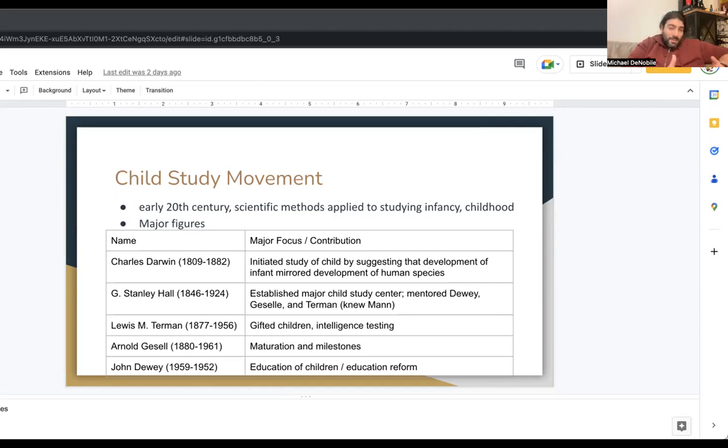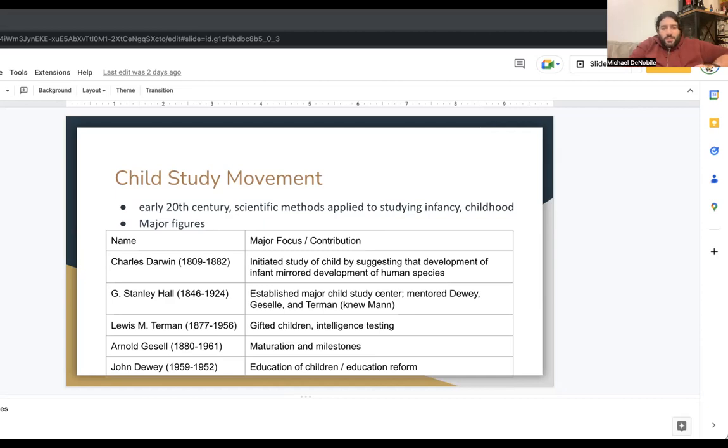The argument was that this would eliminate the social ills of society through genetics and heredity. We also have social Darwinism, which is applying the concepts of natural selection and survival of the fittest to sociology, economics, and politics. This movement starts in the late 19th century and goes all the way to the 1970s, and we'll touch upon it later on.